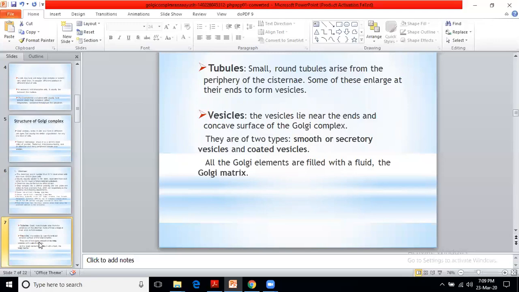Second one is the secretory vesicle. Secretory vesicles are of varied size, means their size may vary, and they are the membrane limited vesicles which discharge from the margins of cisternae of Golgi. And third one is the clathrin coated vesicles.